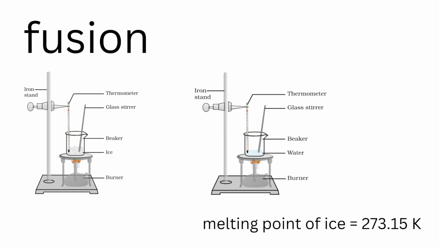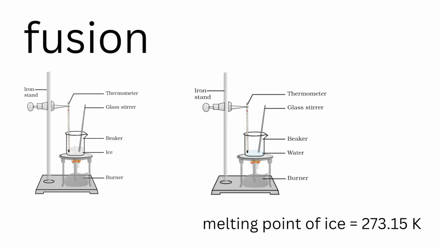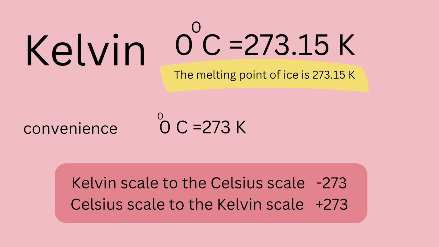We earlier saw what melting point is, right? It is the minimum temperature at which a solid melts to become a liquid at atmospheric pressure. So the melting point of ice is 273.15 Kelvin. At 273.15 Kelvin temperature, ice becomes water, and this process of conversion is what we call fusion.